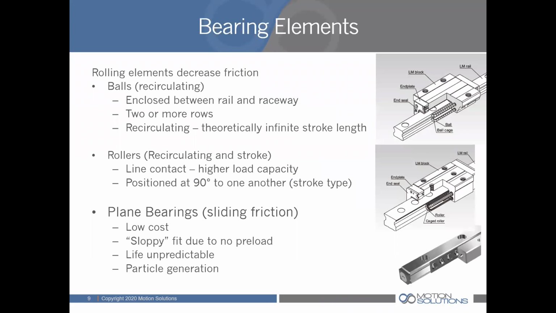So generally, what you have to choose from are linear guides with balls, linear guides with rollers, or linear guides with plain bearings. Plain being no rolling elements, and so you just have sliding friction.